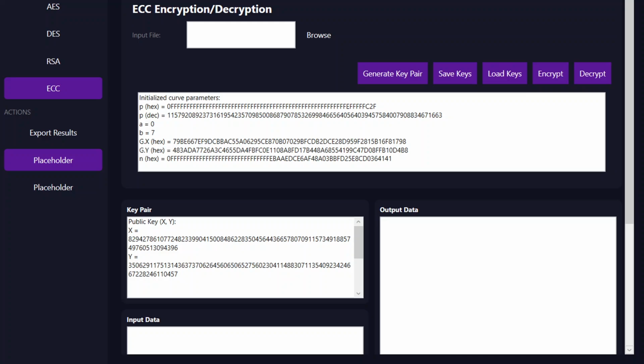Here is a picture of my elliptic curve cryptography page. I added a couple things since the symmetric algorithms, because of the way asymmetric algorithms generate keys rather than the user choosing them.